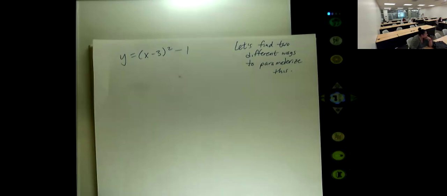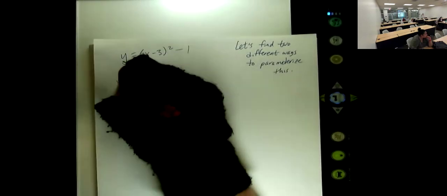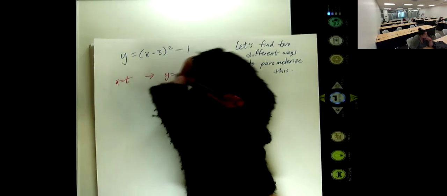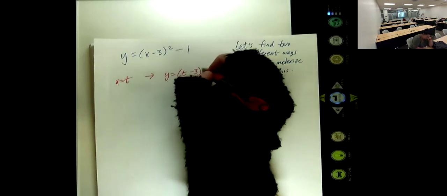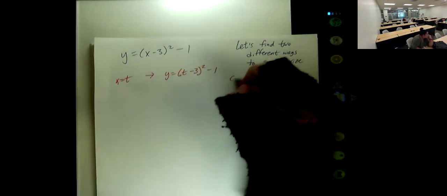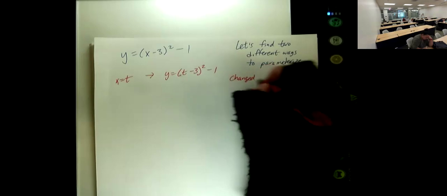Now, one that always works, and I'm not going to count this one because it's stupid, we could just say x equals t. And that means y equals t minus 3 squared minus 1. But all we've done is change the variable there, so that one doesn't really count.